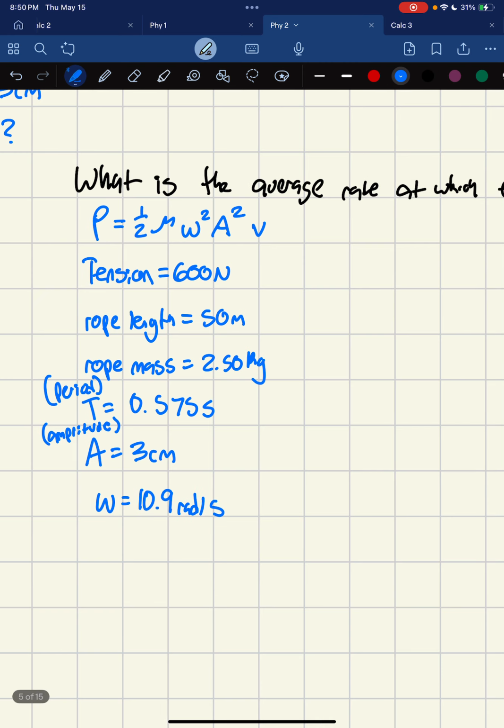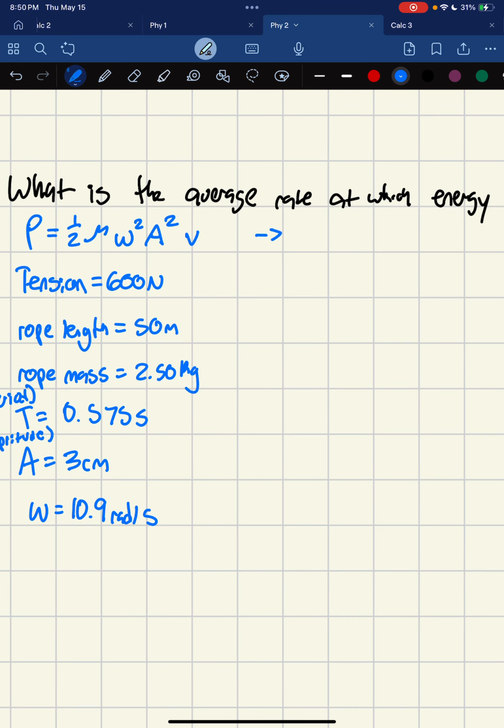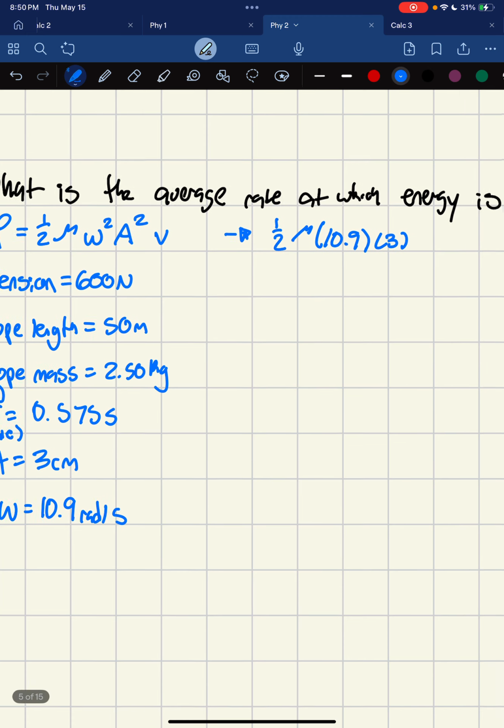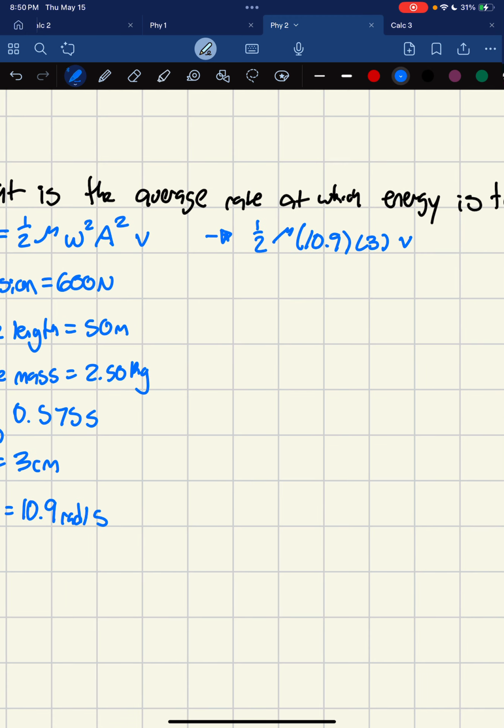If I plug in my known variables right now, I still need to find the linear density, and then I have the 10.9. Then I have my amplitude, which is 3, and then I need my wave speed as well.